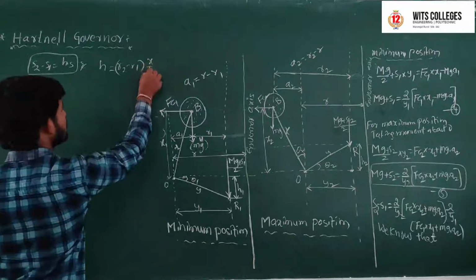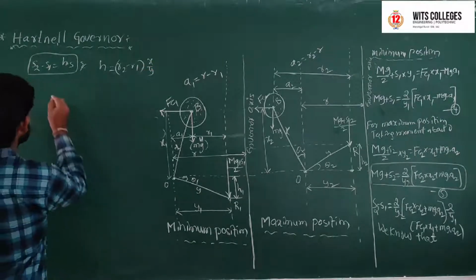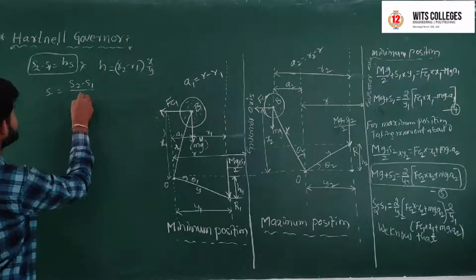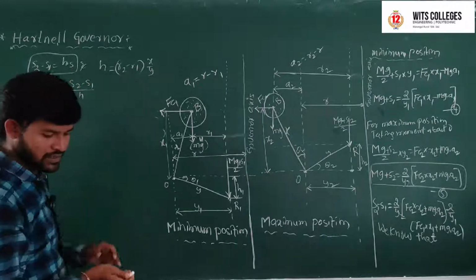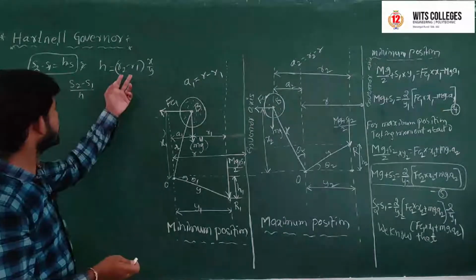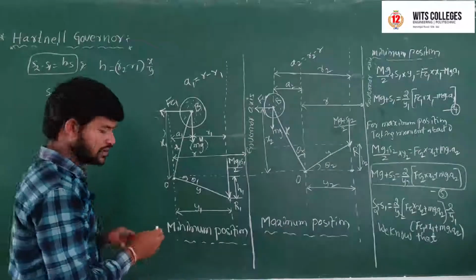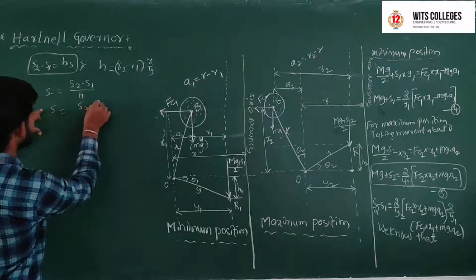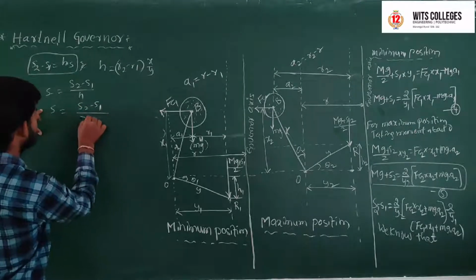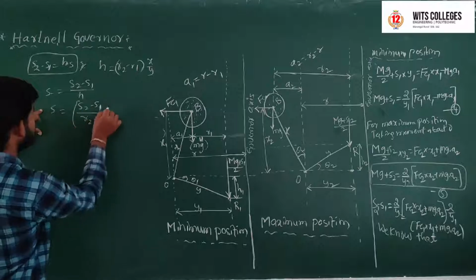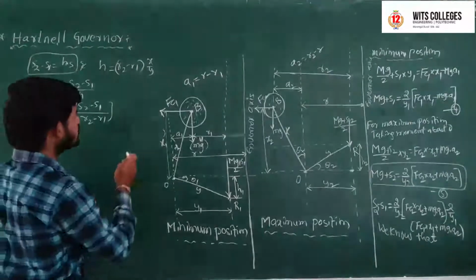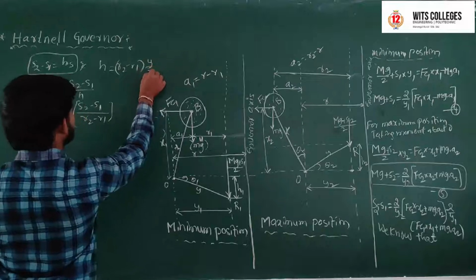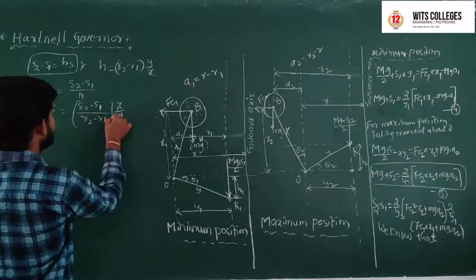Here substitute s equals s2 minus s1 by h. Substitute the h value in this form. Then we get s equals s2 minus s1 divided by r2 minus r1 into x by y.